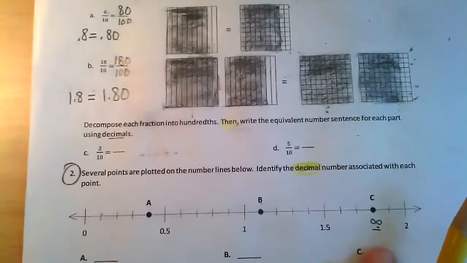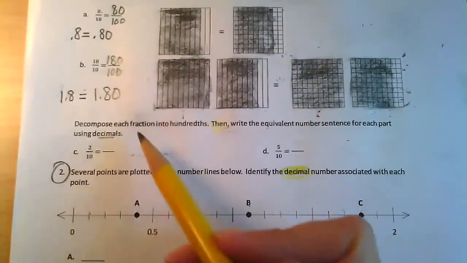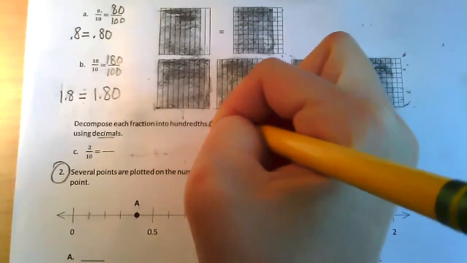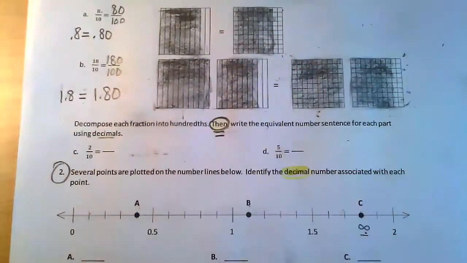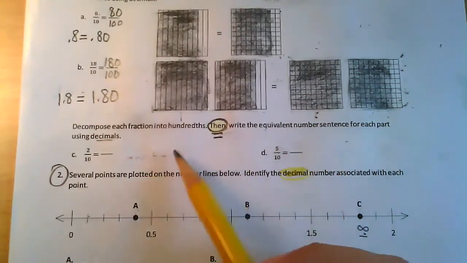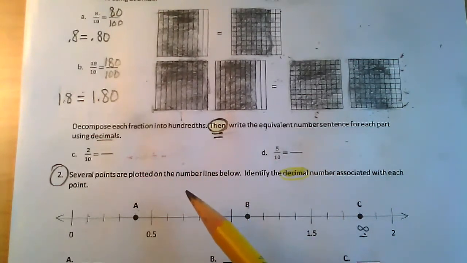Now let's move on. Okay, decompose each fraction into hundredths. Then, anytime you see the word then, circle it, underline it, highlight it, whatever you need to do to remember to come back to it. Then write the equivalent number sentence for each part using decimals. Why do I say that?